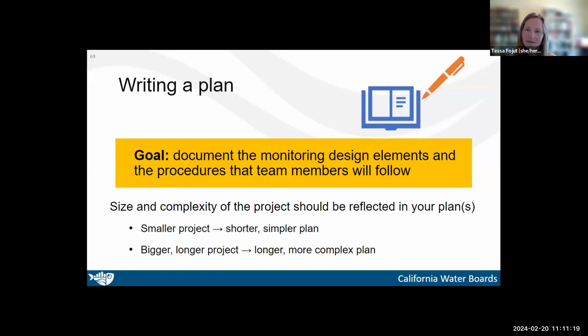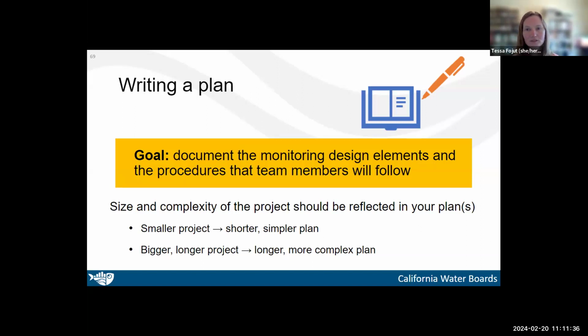And the size and complexity of your project should be reflected in your plan. So if you're doing a huge statewide or bay-wide project that's going to be ongoing for years, you're going to have a longer, more complex plan.